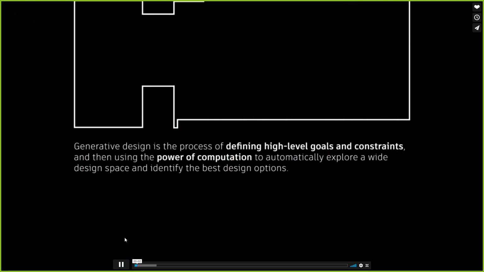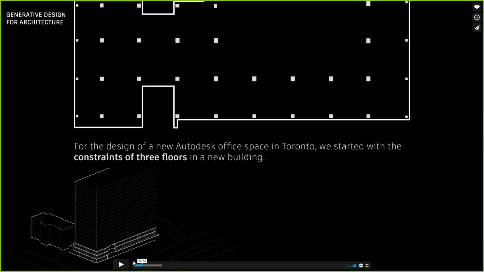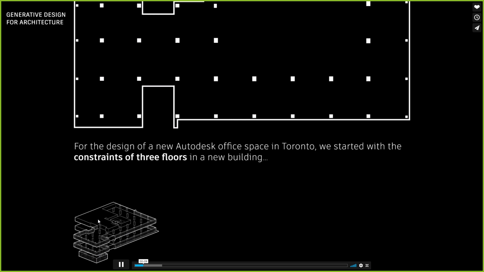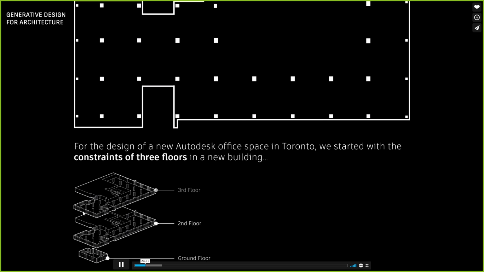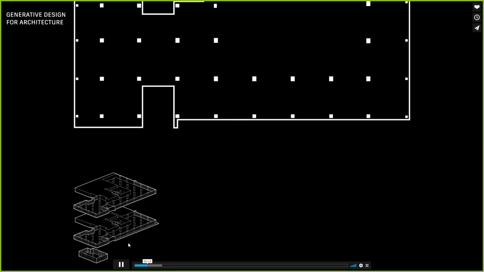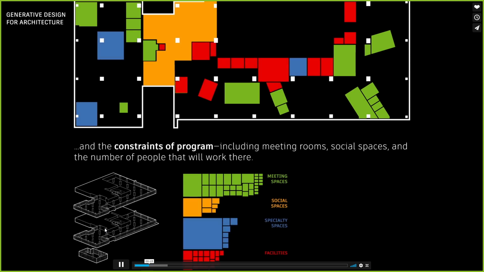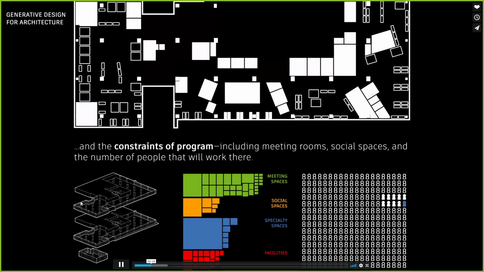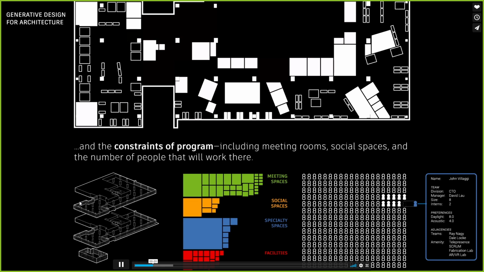Generative design is the process of defining high level goals and constraints and then using the power of computation to automatically explore a wide design space. Blah, blah, blah. For the designs of a new Autodesk office space in Toronto, we started with the constraints of 3 floors in a new building. And the constraints of program, including meeting rooms, social spaces, and the number of people that will work here.